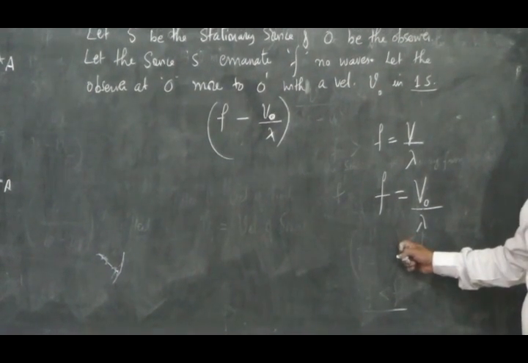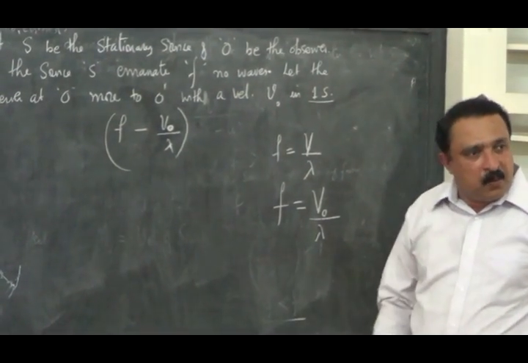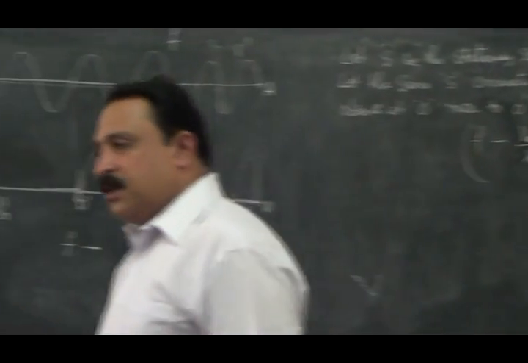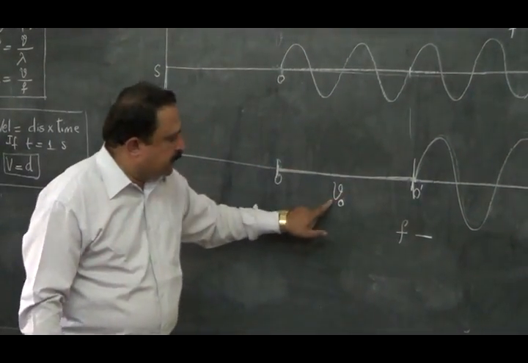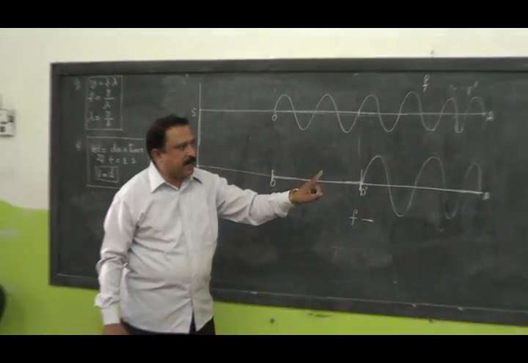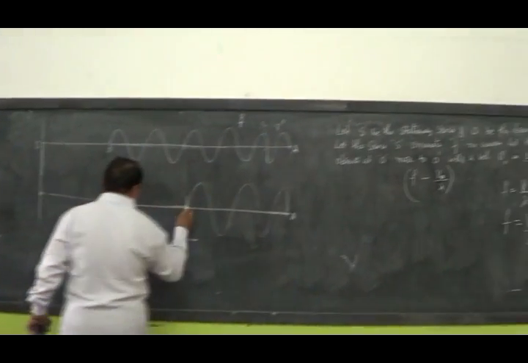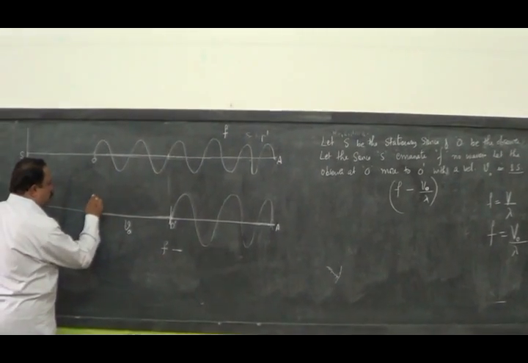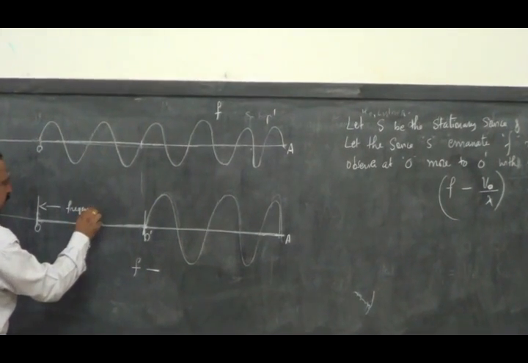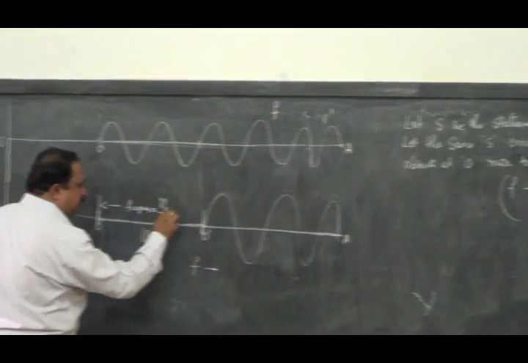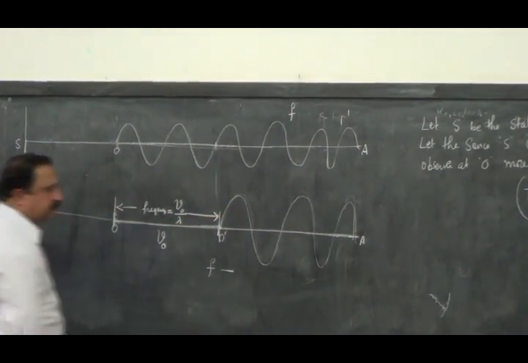Did you understand this notation? V naught by lambda. Yes or no? Because the observer moves with the velocity V naught in 1 second time. So the frequency from O to O dash, what is the frequency? I write frequency is velocity of the observer divided by the wavelength, that is from here to here.